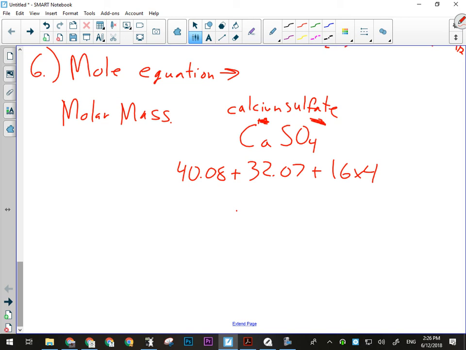I put all those together and I have big M, the molar mass. Remember, the mole equation is number of moles equals mass in grams over molar mass, which is going to be in grams per mole.